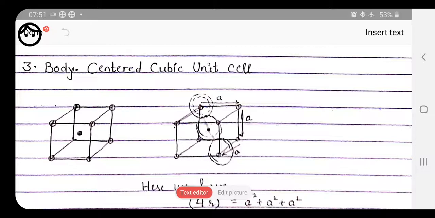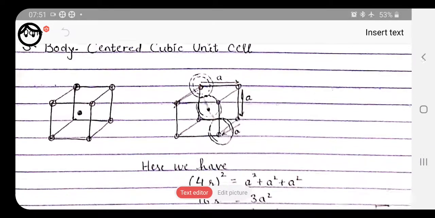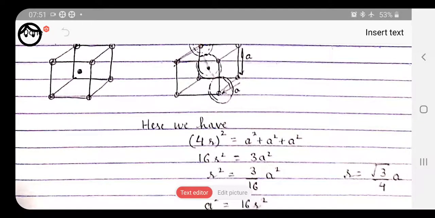It means in total we have 4r. And the length from one corner to another corner is root 3a, so root 3a is equal to 4r.